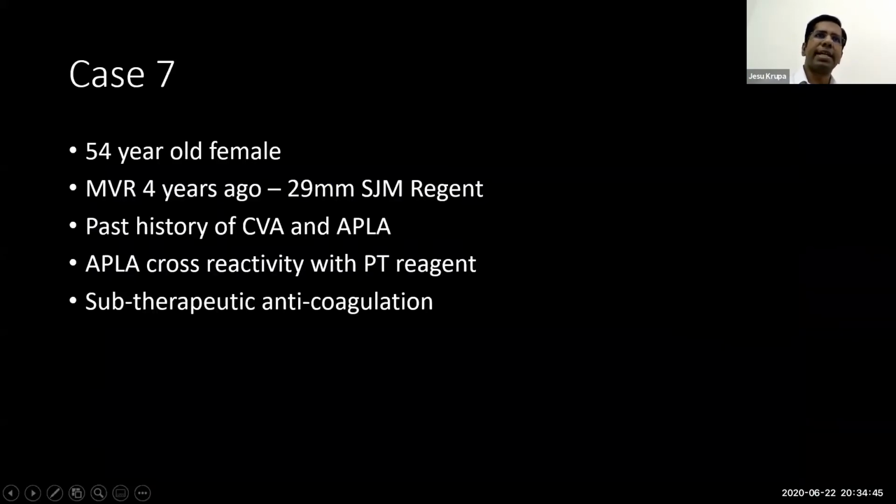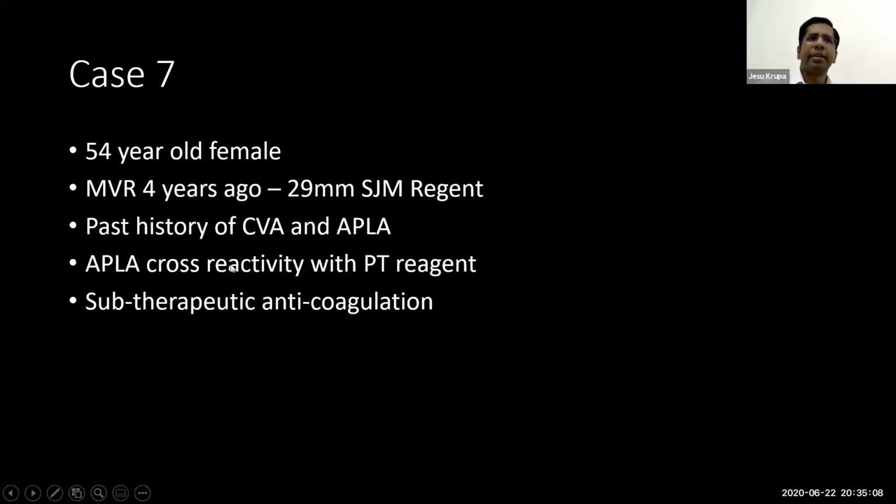The next case is a 54-year-old female, MVR done 4 years ago, with a 29 mm St. Jude's Regent, past history of CVA and antiphospholipid antibody syndrome. And this was from a recent case report which I found online.